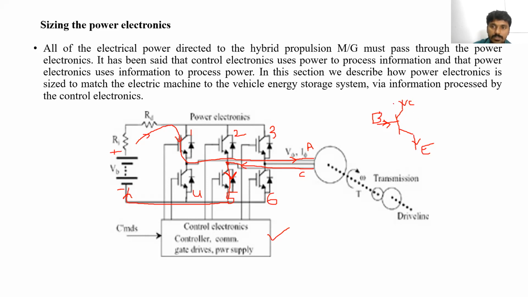Then we can say this device is turned on. So how is this base current sent to the transistor? The control circuit will generate signals to the base terminal of these transistors.